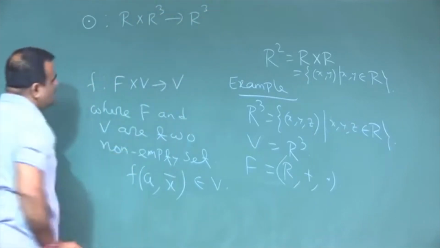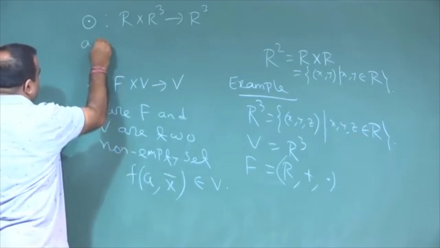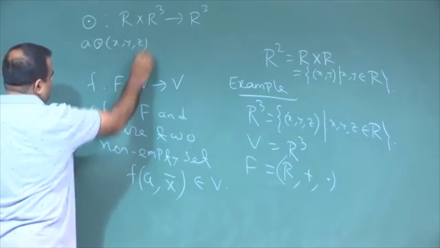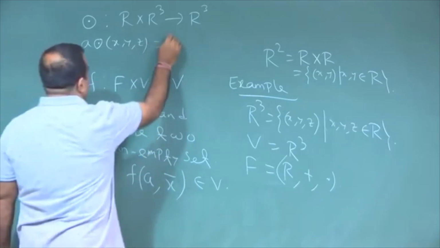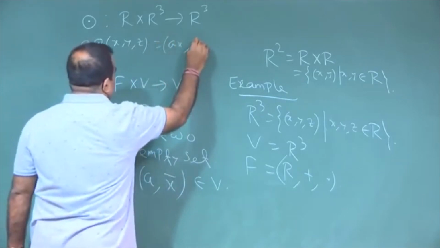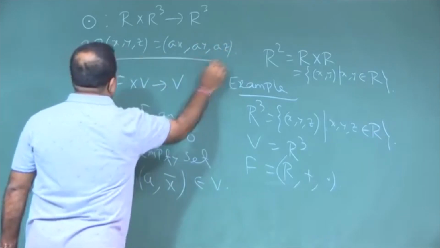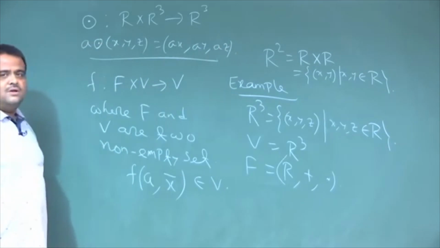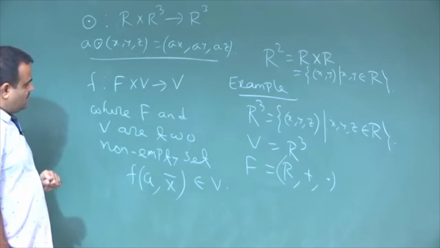So, how do we do that? We take a and we take a vector x y z, also called a 3-vector, a 3-tuple. This is nothing but a x, a y, a z. So, this is an example of an external operator, external composition.